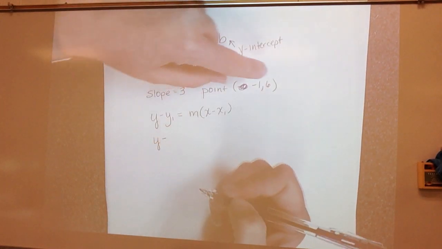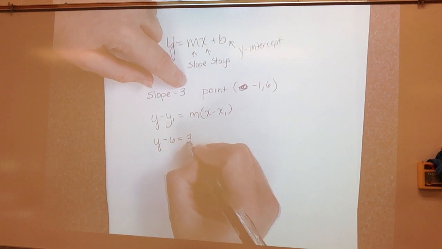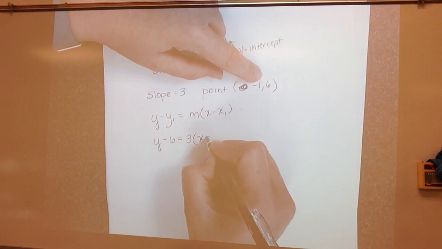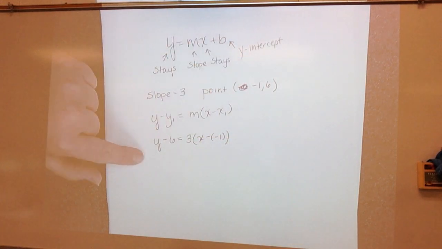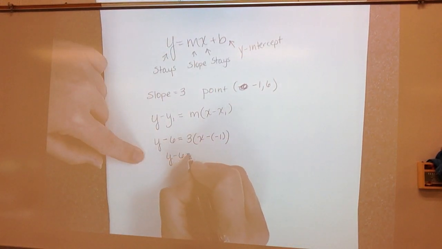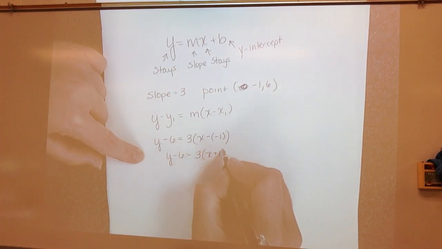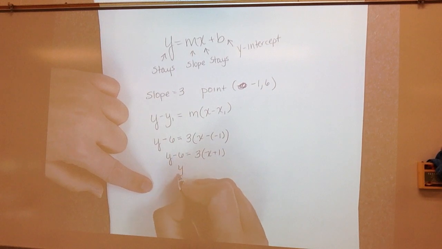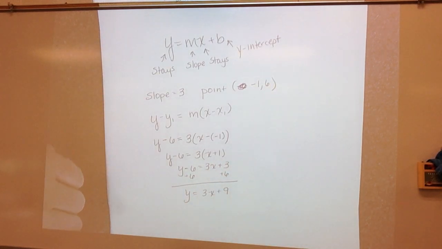Y minus 6 is equal to 3 times x minus a -1. So y minus 6 is equal to 3 times x plus 1. Y minus 6 is equal to 3x plus 3. Add 6 to both sides. Y is equal to 3x plus 9.